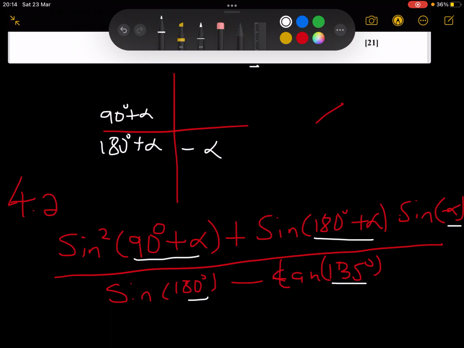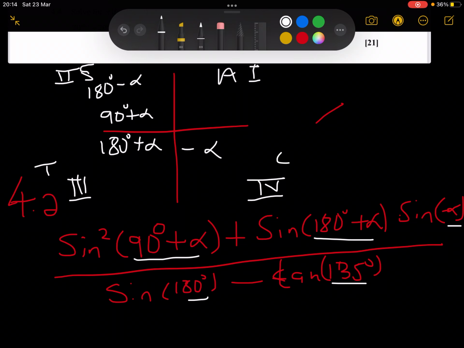So this is first, second, third, and fourth, where All Students Take Coffee. In the second quadrant, we also find 180 minus an angle.